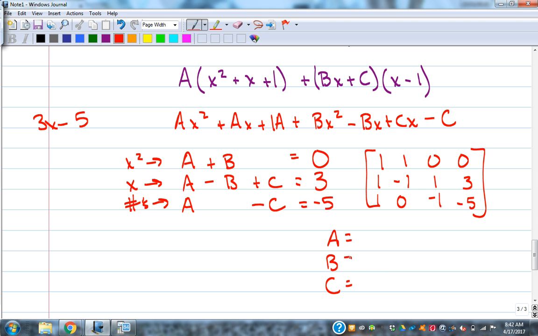And do RREF with that and tell me what's what. What's A? Well, that's already got that done. The fact that there are no x squared, this is the original numerator. There are no x squareds in there. So the things with x squareds in this should add up to be nothing. They should be 0. That's where that 0 is coming from.